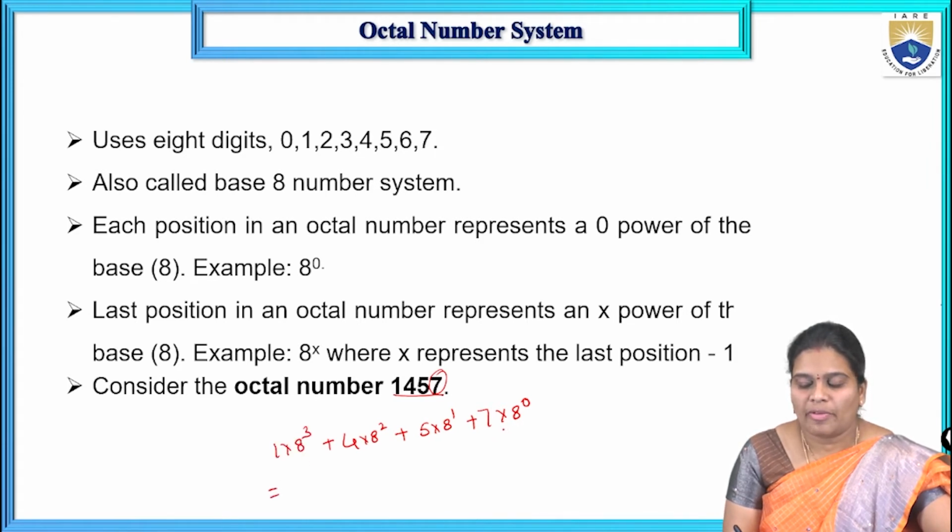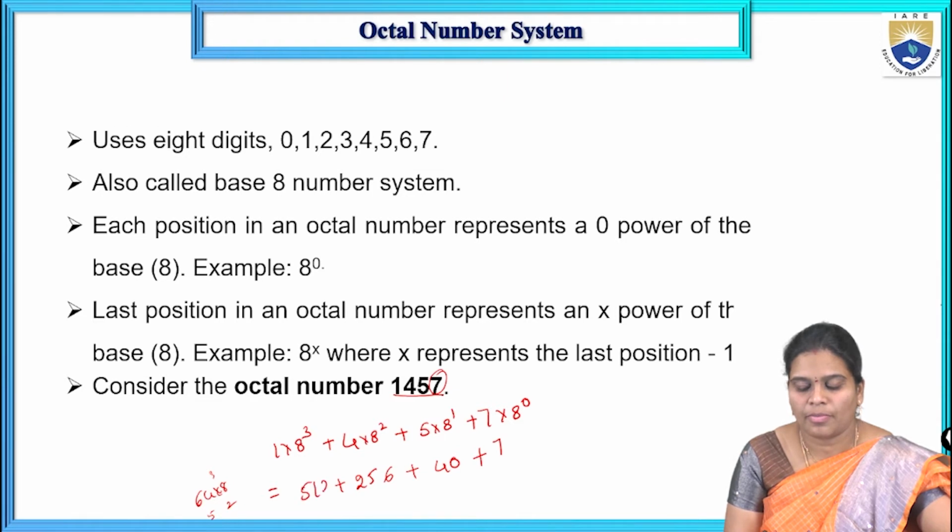So 7 into 8 power 0 is 7, 8 fives are 40, plus 64 into 4 is 256, and 64 into 8 is 512.